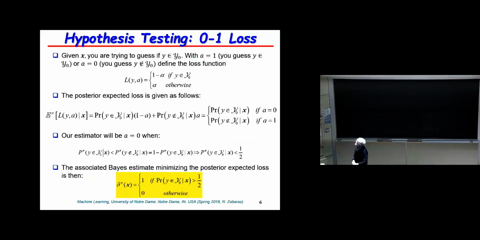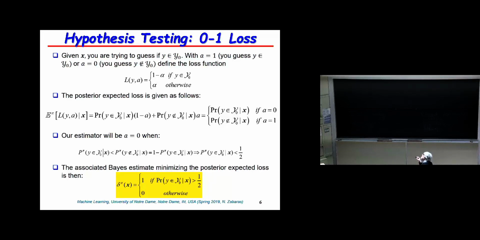I gave you a few examples, and most probably you read those in the notes. So here, I'm giving you an X, and you're trying to guess if Y comes from this set Y0. So you make a guess, say alpha equal to 1.